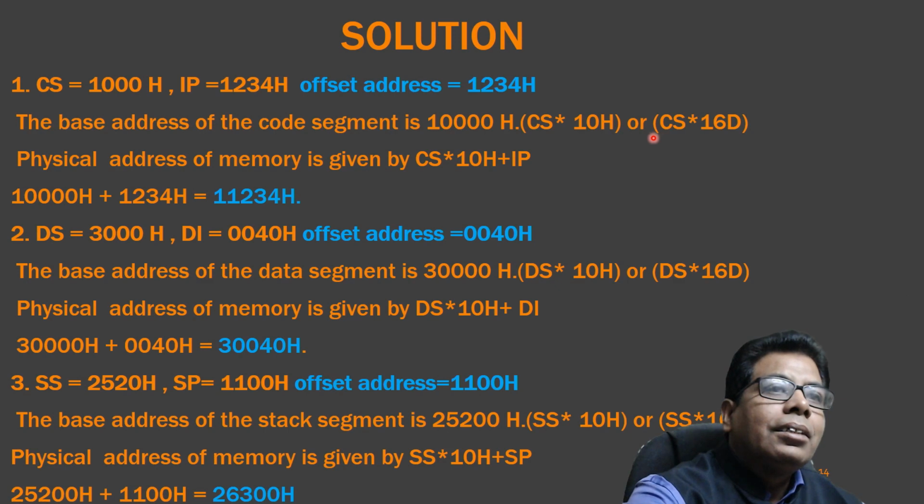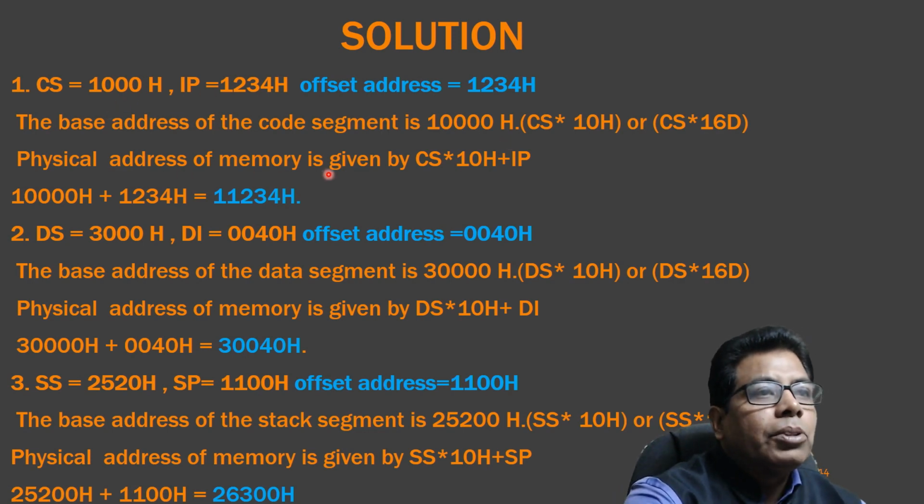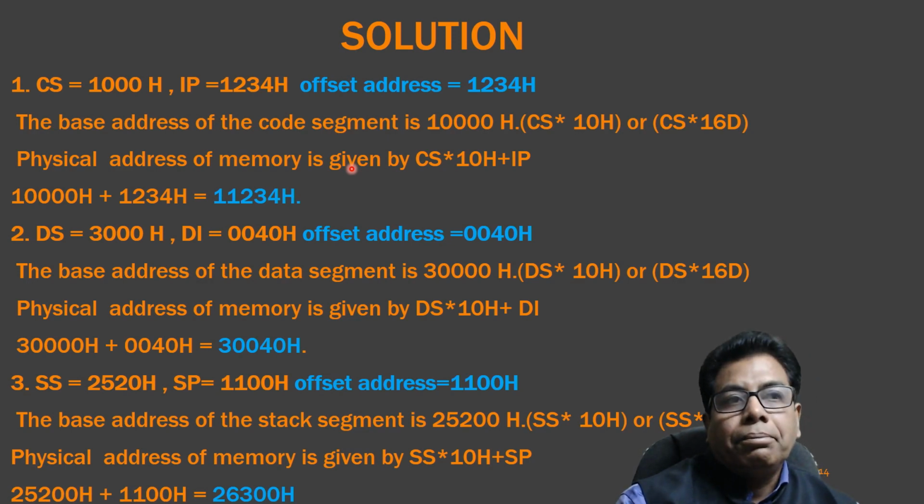That is shifting the contents of the code segment by 4 bits or appending 0 to it. So the physical address of the memory is given by CS into 10H plus IP. So that will be 10000H plus 1234H. So that gives us 11234H. Here, as we are using the code segment, the default offset will be IP.